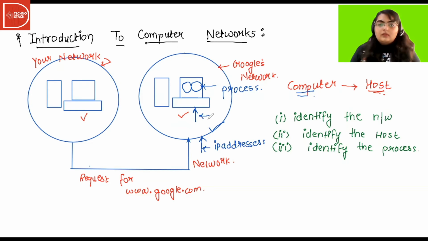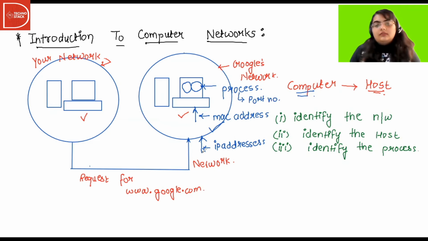For host, we'll use MAC addresses. We'll discuss everything in detail. Right now, for process, we'll use port number or socket number.